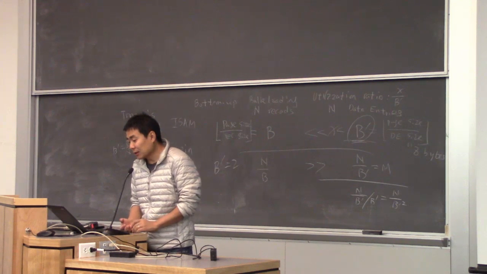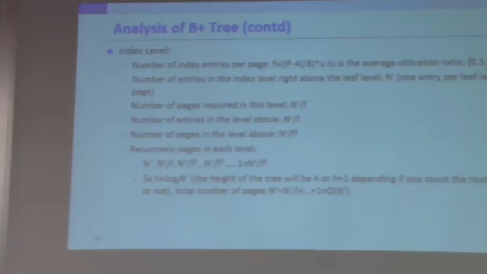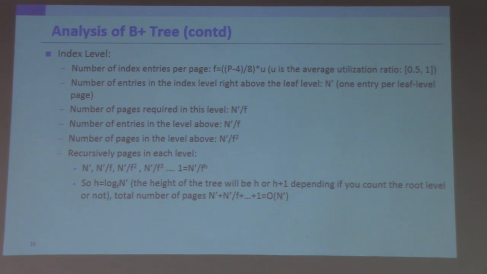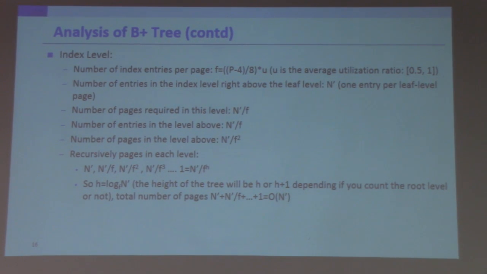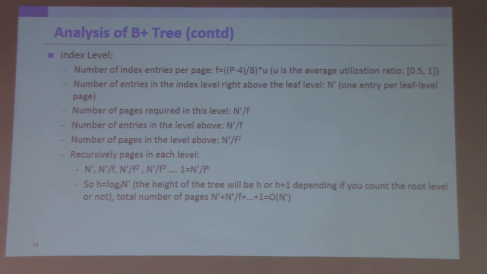Suppose I use n prime to denote the number of leaf level pages. That's what n prime stands for. Then you continue this analysis, and here, instead of b prime, I let f be the value.